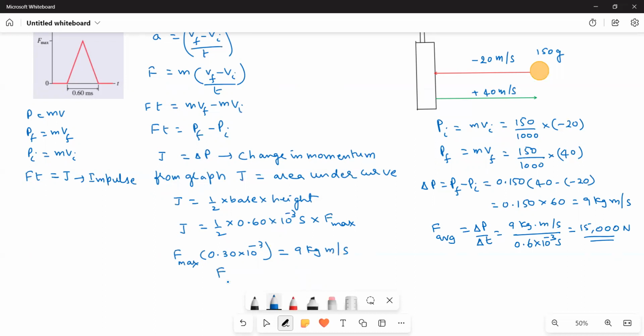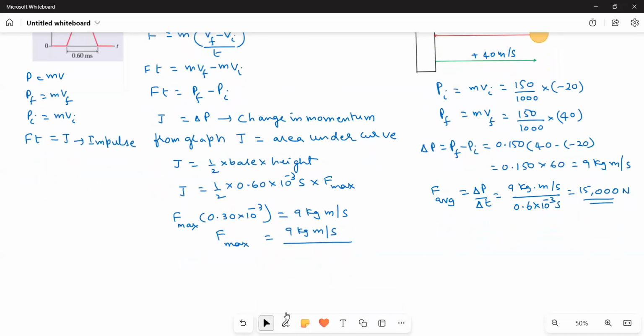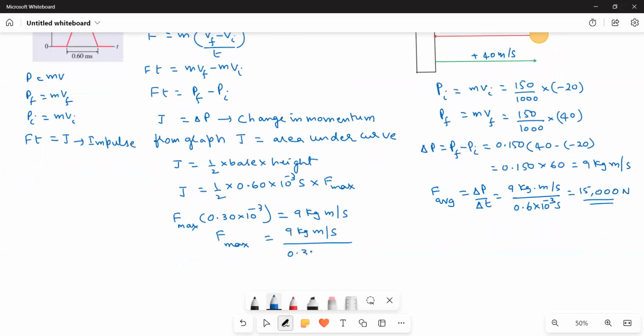Therefore, F max is equal to 9 kilogram meter per second divided by 0.3 into 10 to the power of minus 3. Therefore, F max is equal to 30,000 newtons. This is the answer.